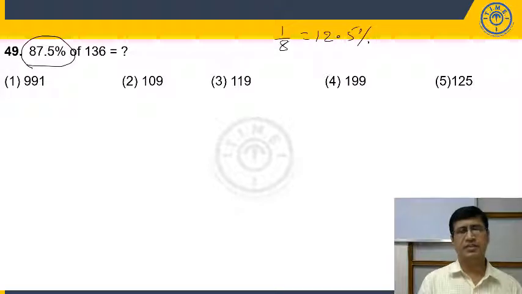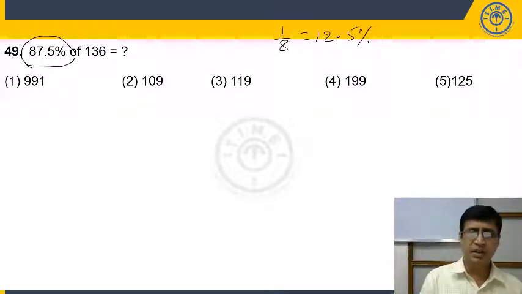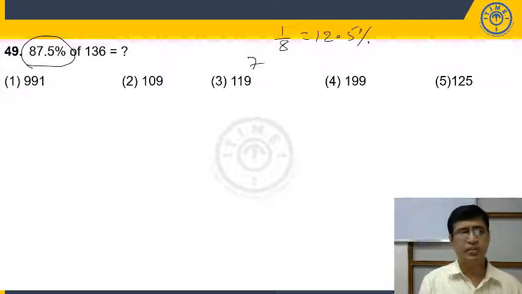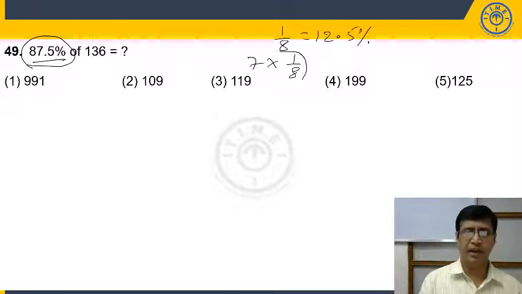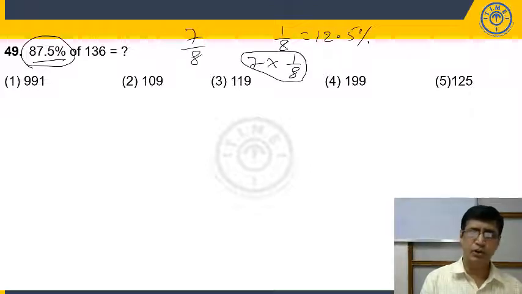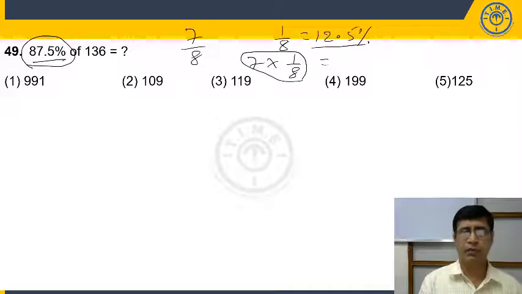What is the equivalent fractional value of 12.5%? It is 1 by 8. Now, how many times 1 by 8 is equal to 87.5? It is 7 times. 7 into 1 by 8 is equal to 7 by 8.